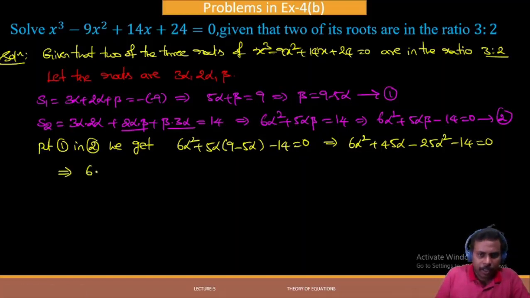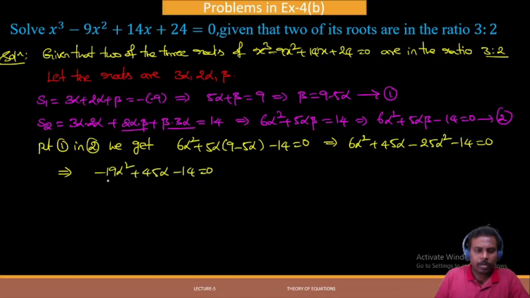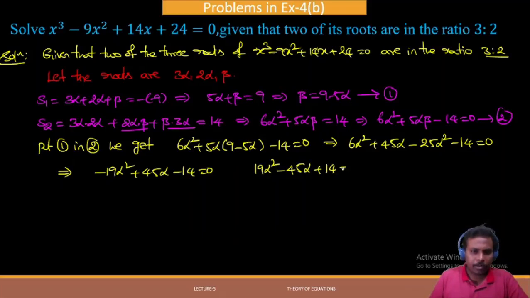So we get the equation as minus 19 alpha square plus 45 alpha minus 14 is equal to 0. Upon multiplying the equation with minus 1, I will be getting 19 alpha square minus 45 alpha plus 14 is equal to 0.